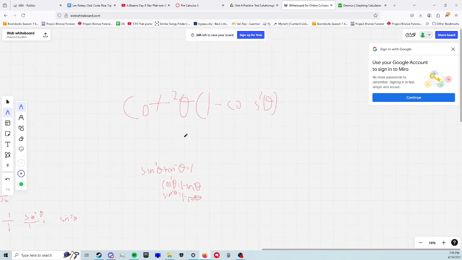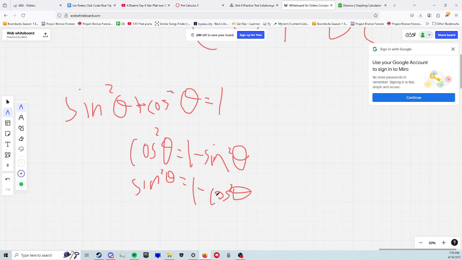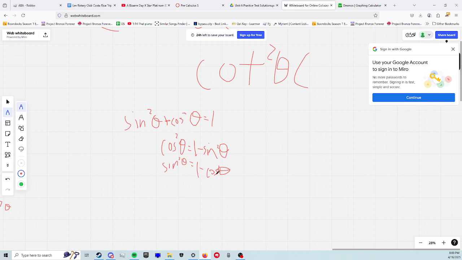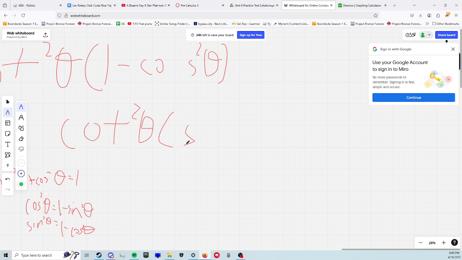Okay, so cotangent squared theta times 1 minus cosine squared theta. Where is it? Sine squared plus cosine squared, no, we want it to be 1 minus cosine squared, which is equal to sine squared theta. Now that we know sine squared theta, let's look at cotangent. That's in the reciprocal identities.